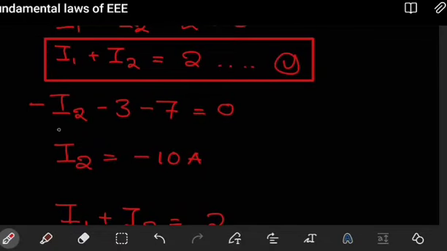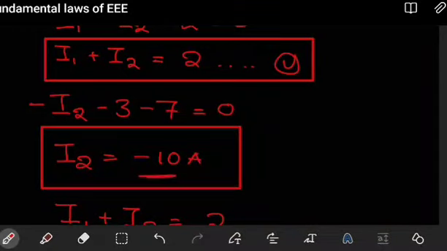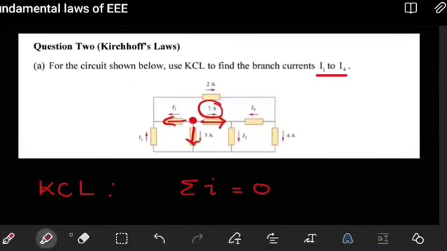Now, in case you're wondering what the negative implies: if a current comes out to be negative, the only thing it implies for your circuit is that if the direction of the current was assumed to be this way, a negative current implies that the correct direction of current is actually that direction. It doesn't mean that you should change the orientation. You just keep it exactly the way it is. As long as you maintain the current in this direction, then you must use negative 10 amps.